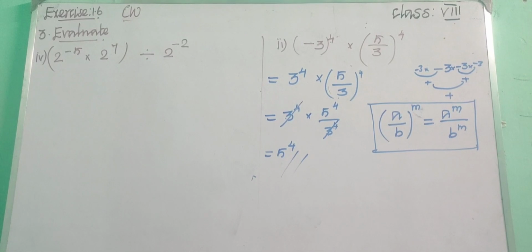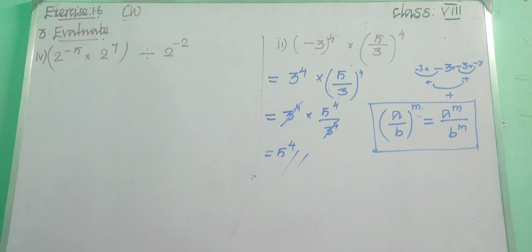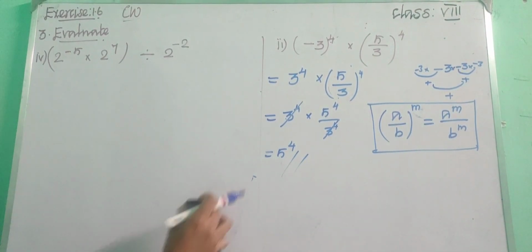Okay, let us see the exercise sum, third question, fourth one. The third sum, fourth, is your classwork. The remaining 1, 2, 3 and 5 are your homework. Okay children, so write this question in your classwork notebook.